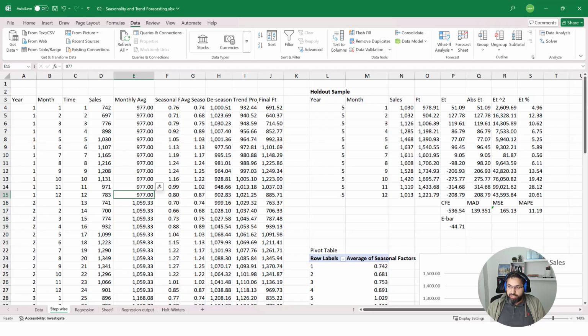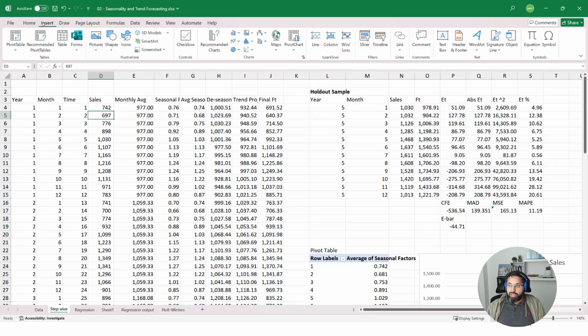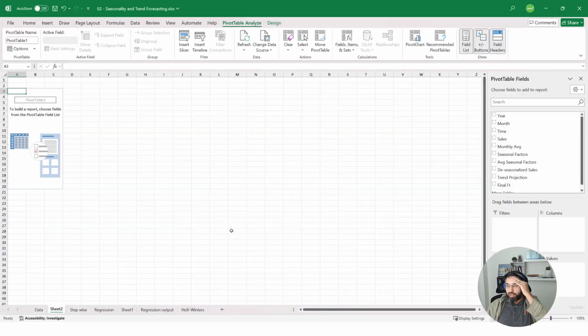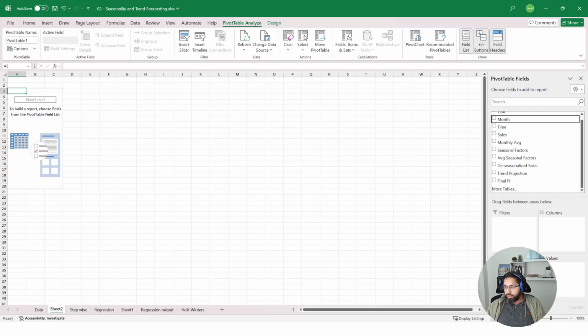So I can look at the sales data and I can go to Insert, Pivot Table, and I want to do it in a new worksheet, okay? And I can drag my month, not my time variable, my month in the rows.